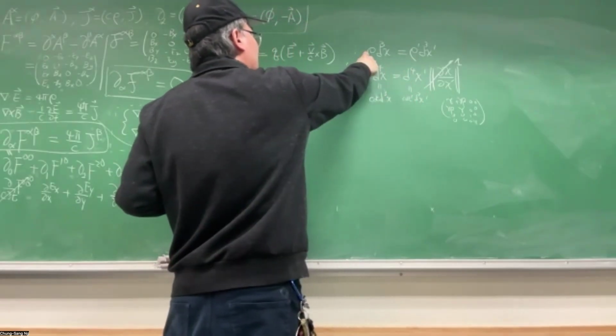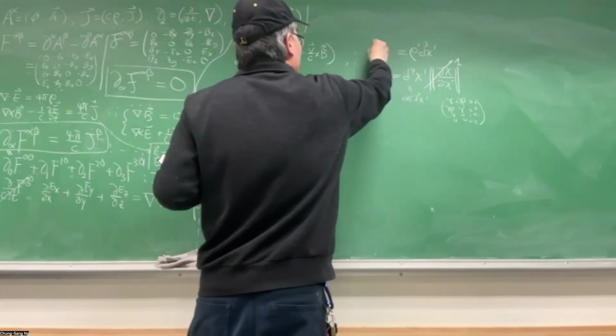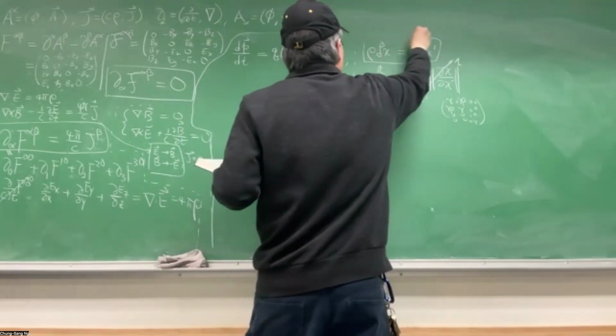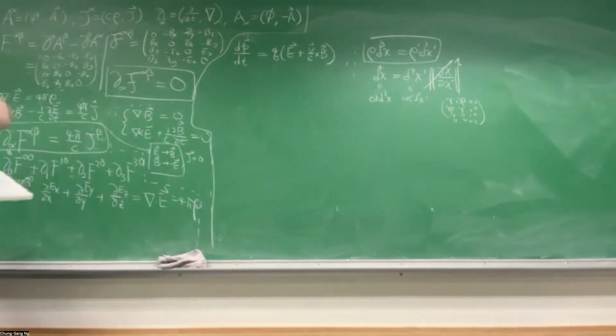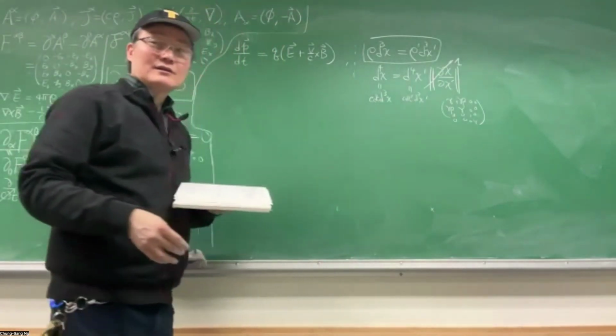That is, this transforms like a time element, and this transforms like a time element. So therefore you have this statement that the charge is independent of frame, it is covariant, or what we call a scalar.